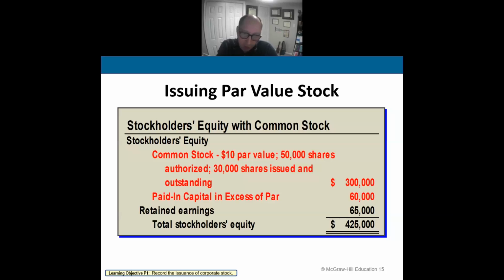Remember, retained earnings is what's left in the company after any type of owner's withdrawals or dividends are paid out at the end of the year or into the accounting period. That will equal your total stockholders' equity. So it's the common stock at par value that has been issued, plus paid-in capital in excess of par, plus retained earnings, equals total stockholders' equity. It's kind of like the formula to find total stockholders' equity.